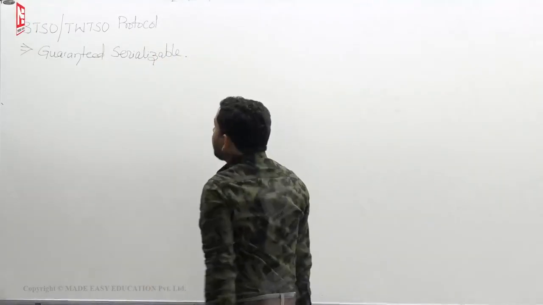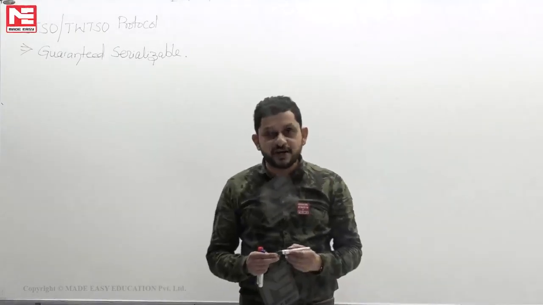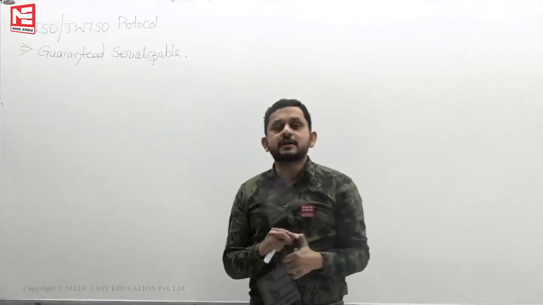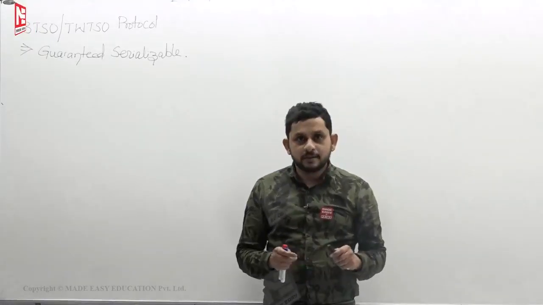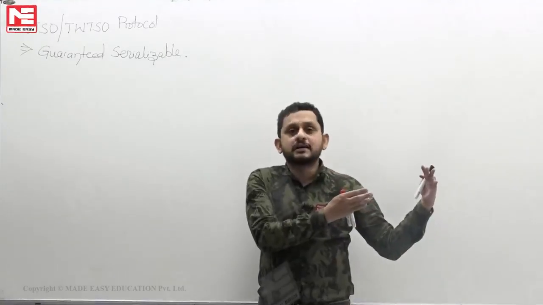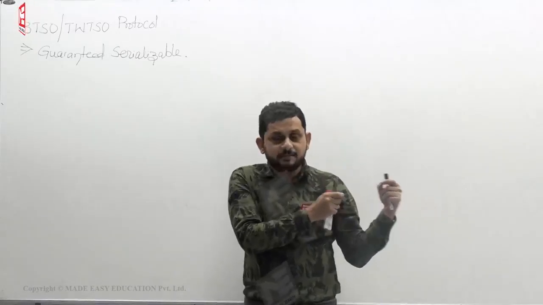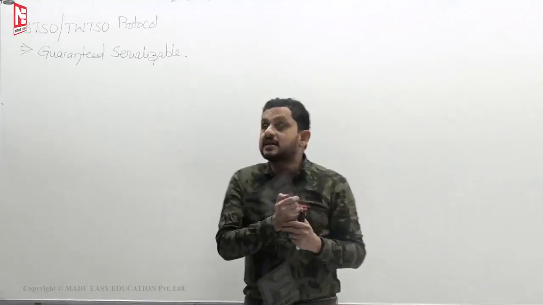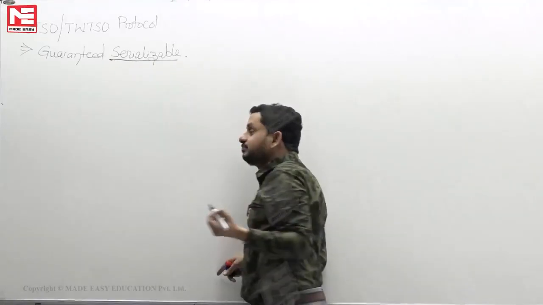Basic timestamp ordering protocol makes sure that the concurrent execution is conflict equal to serial based on timestamp, and Thomas write rule timestamp ordering protocol makes sure that it is view equal to serial based on timestamp. In both cases, serializability is guaranteed.